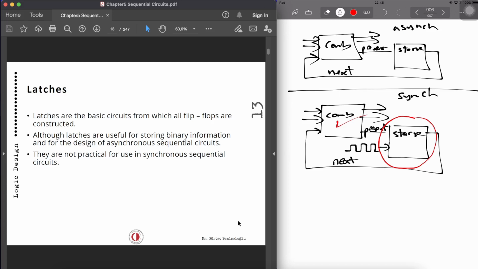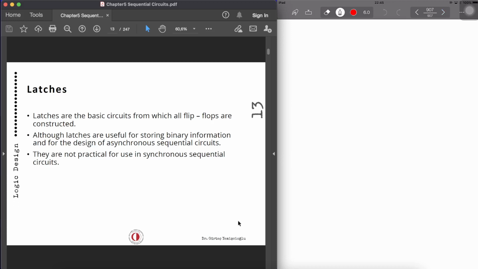They are not practical, which I will explain in a minute, but let's first understand how latches work. In order to understand the latch, I'll start with a simple element of the latch, which is a NOR gate.